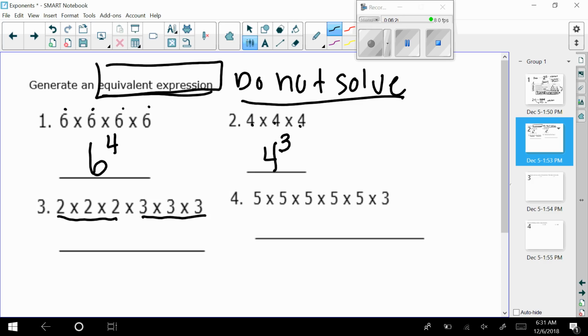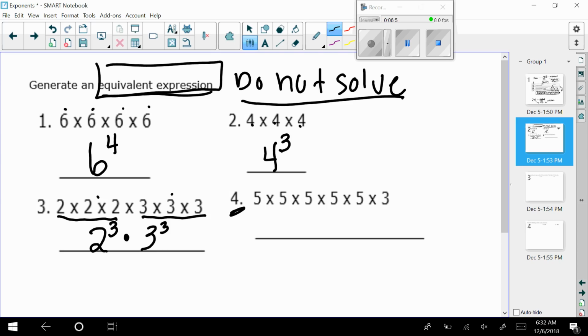Now how could I write that as an equivalent expression? Well, I have 2 different bases. So I have 2, and it repeats 3 times. And then I have a base of 3, and it repeats 3 times. So that would be how I could write that equivalent expression: 2 to the 3rd power times 3 to the 3rd power.